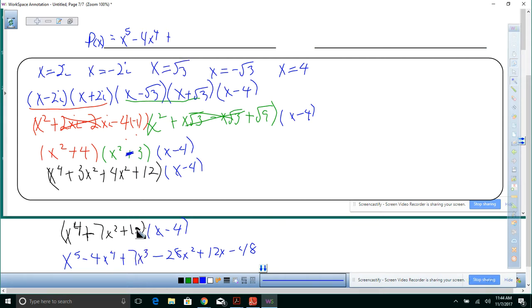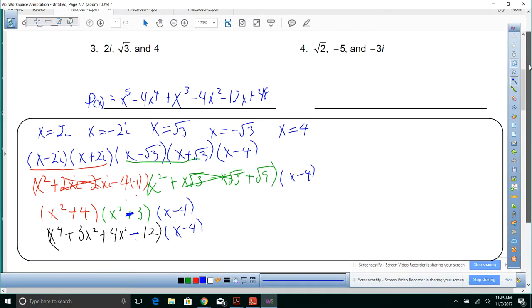So that's not plus 7x, that's just plus x cubed minus 4x squared minus 12x plus 48, because that would have been minus, so that would have been plus. That would have been minus 12 right there. Okay, so it made that plus 48. Couple little boo-boos there.